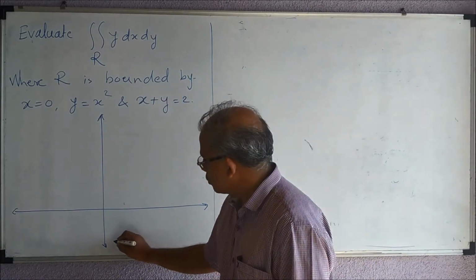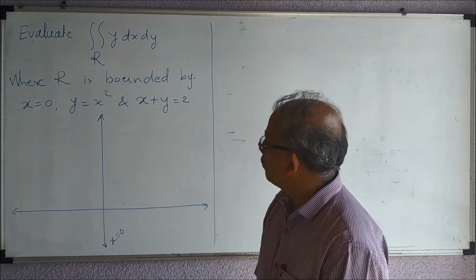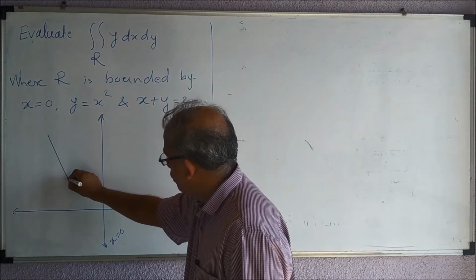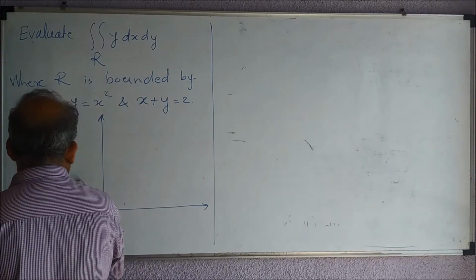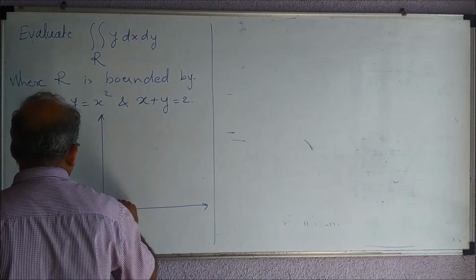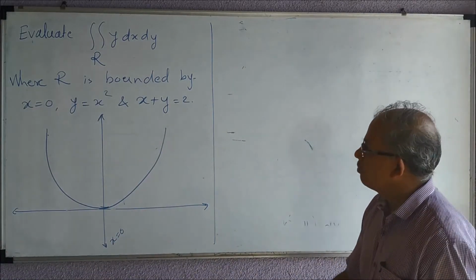Then y equal to x square is a parabola. So this is the parabola y equal to x square.